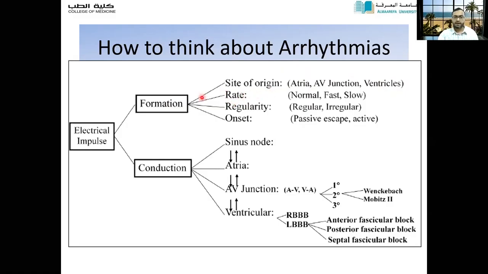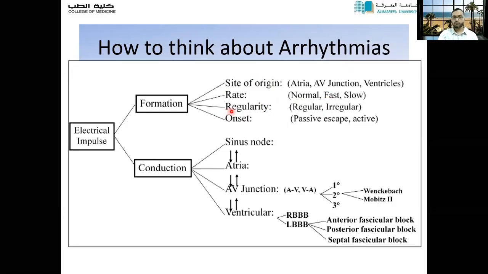And the defect in the formation can be in terms of rate, not origin. It's originating properly, but it's too fast or too slow, tachycardias or bradycardias. So it might originate in the SA node, but be faster or slower, or it might originate somewhere else and be faster or slower. Based on that, we can go for diagnosis.